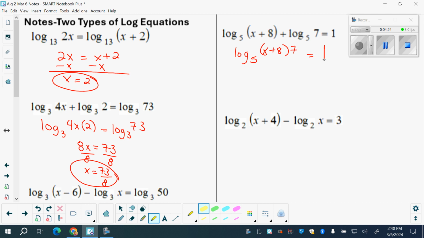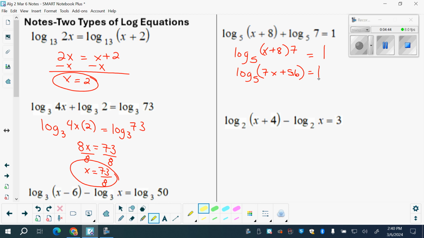So I'm just going to simplify that and rewrite this with distributing the 7. So it's log base 5 of 7x plus 56 equals 1. Follow me so far?